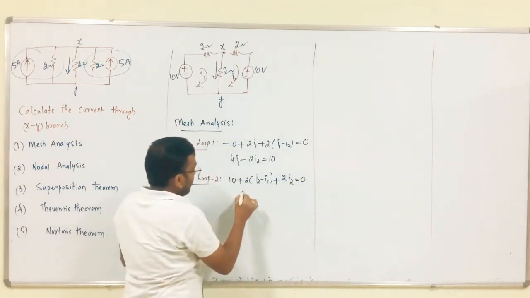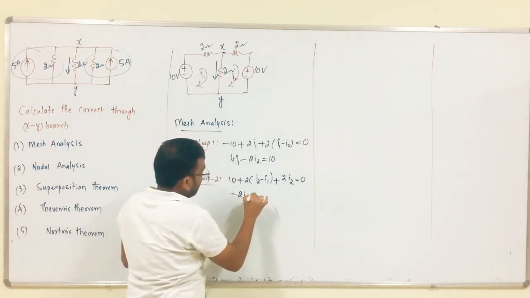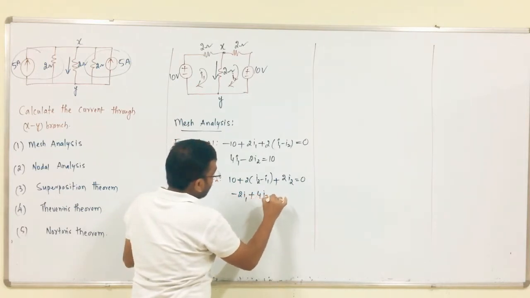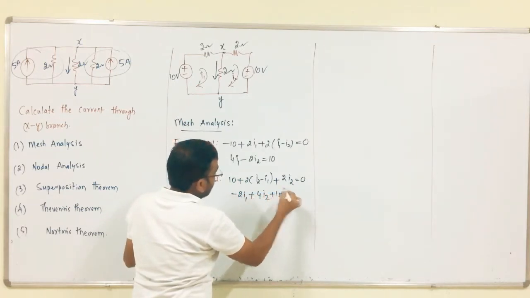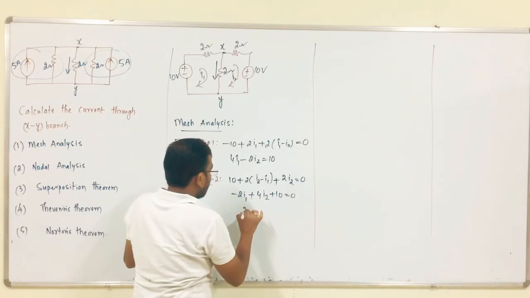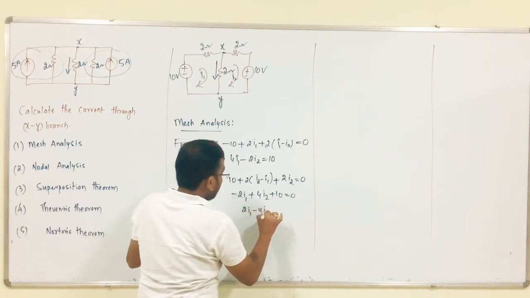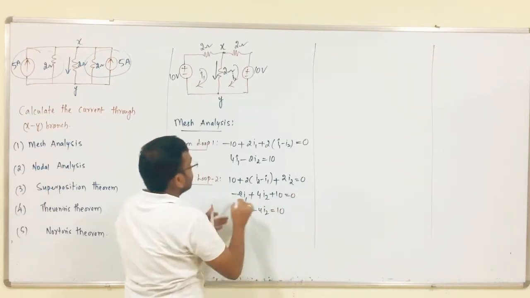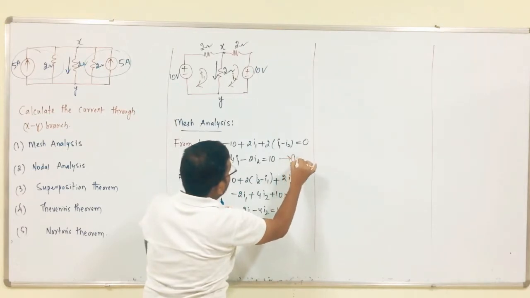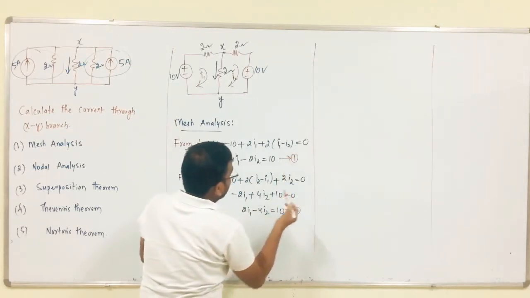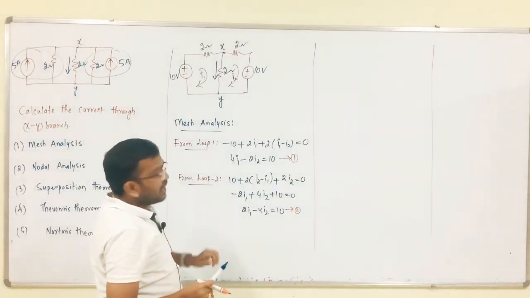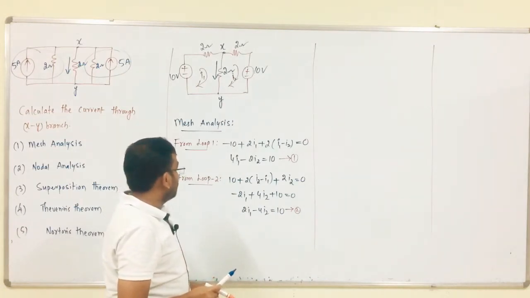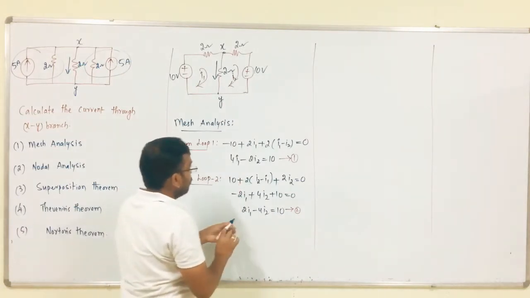So, finally, here it is minus 2 I1 plus 4 I2 plus 10 equals 0, which is 2 I1 minus 4 I2 equals 10. This is equation 1, this is equation 2. So, by solving these two equations we will get I1 and I2. Simply, equation 1 is multiplied with 2.